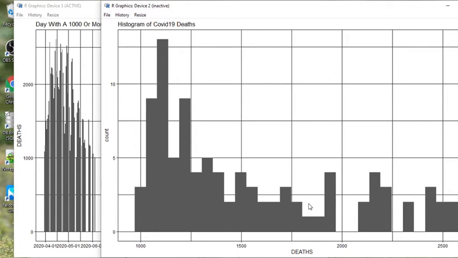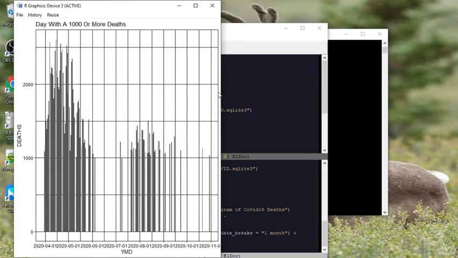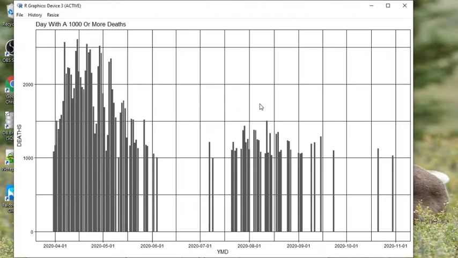Which is sort of interesting. What's the total number of deaths here? It's hard to say. Anyway, I find it interesting that this seems to back up my idea that numbers are decreasing.